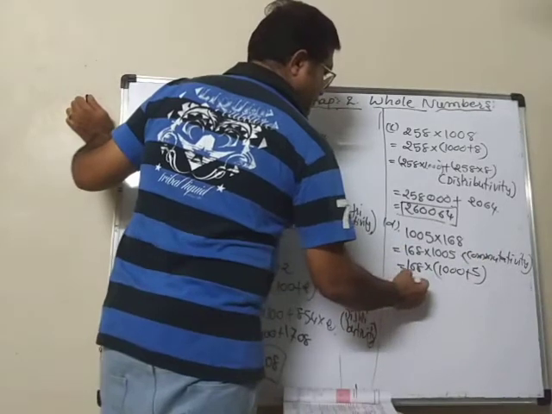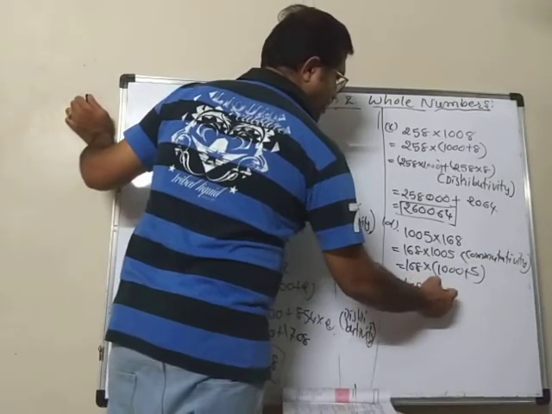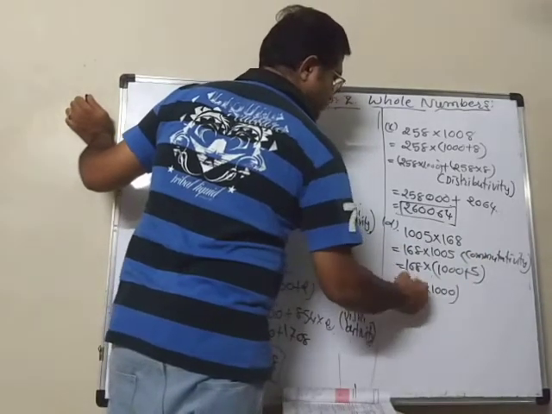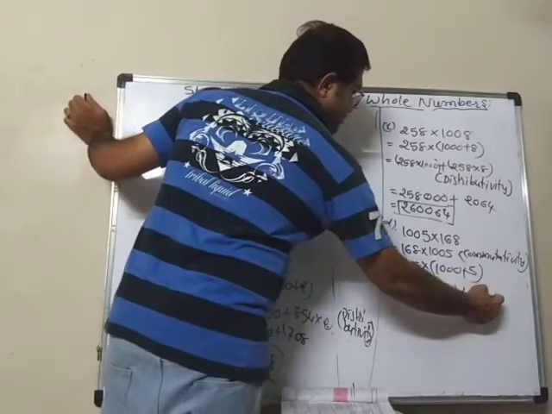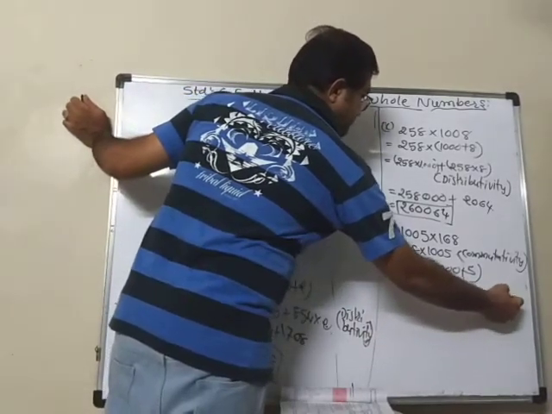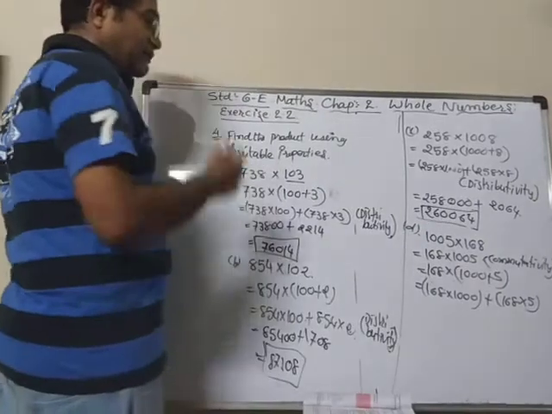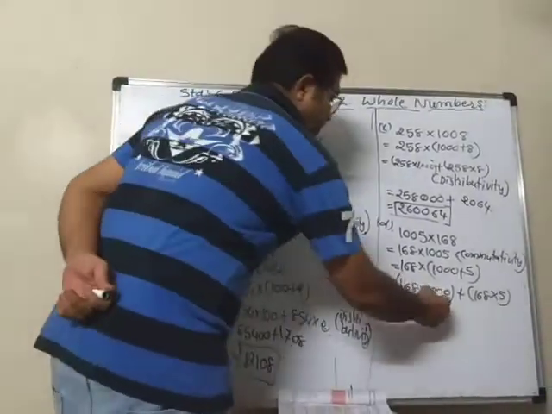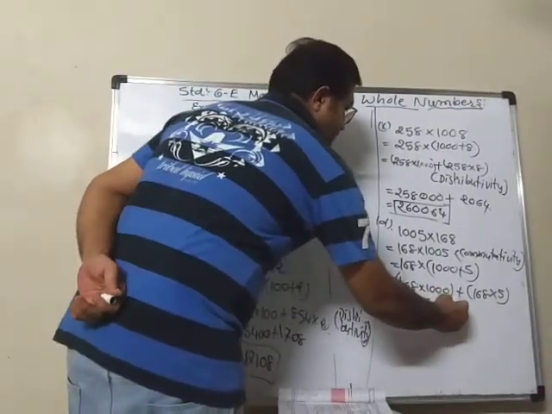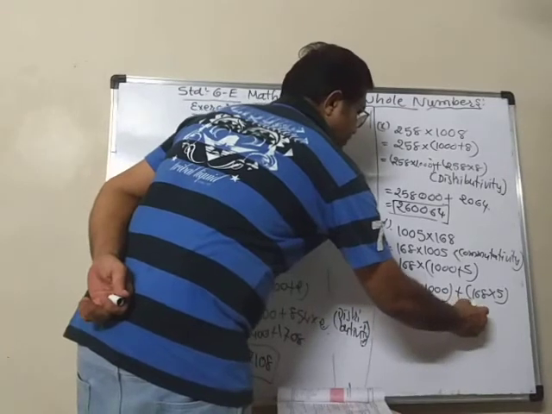So now 168 multiplied by 1000 plus 168 multiplied by 5. Here we are using distributivity.